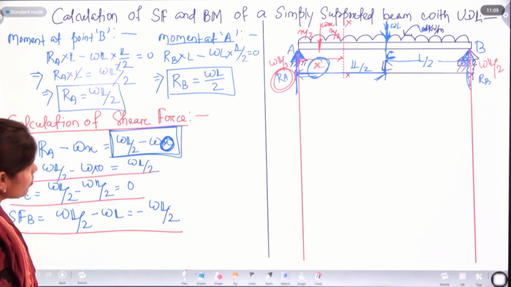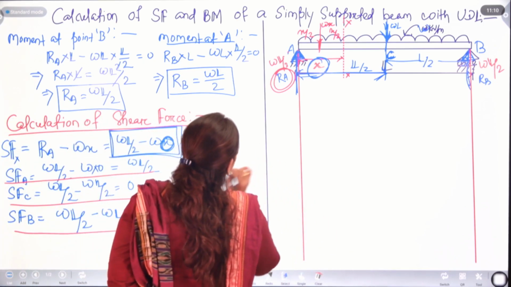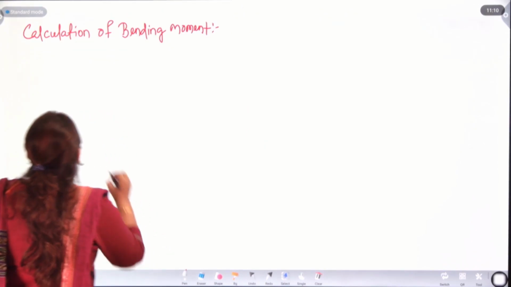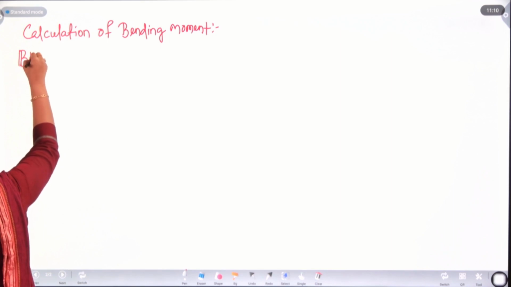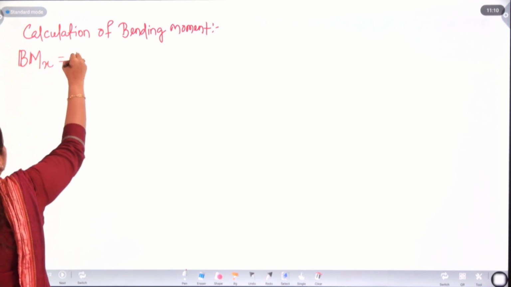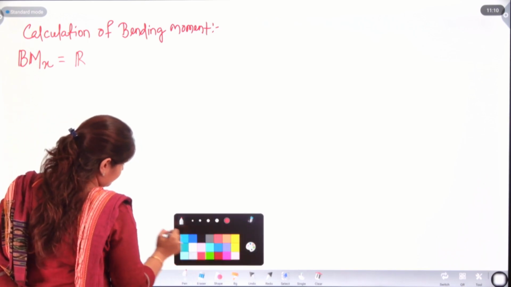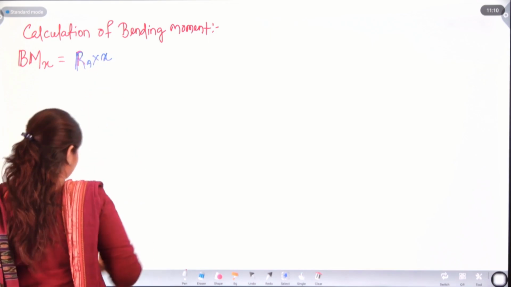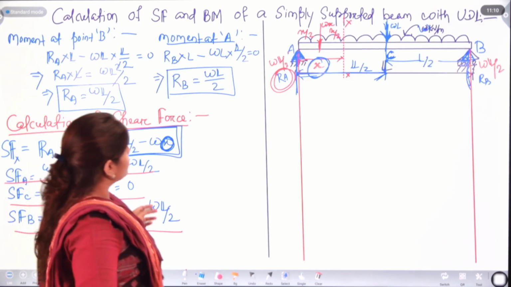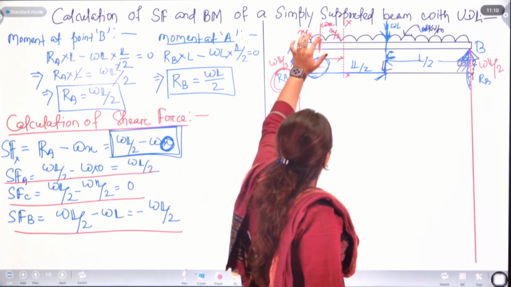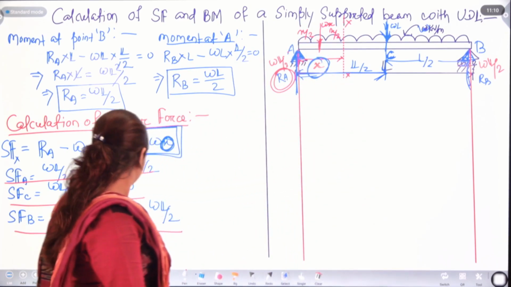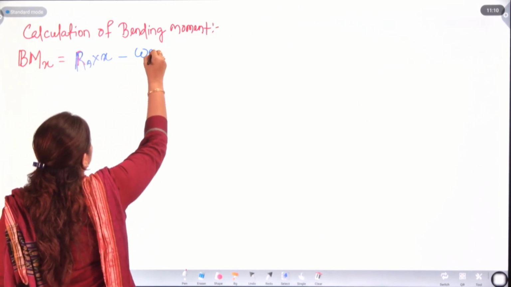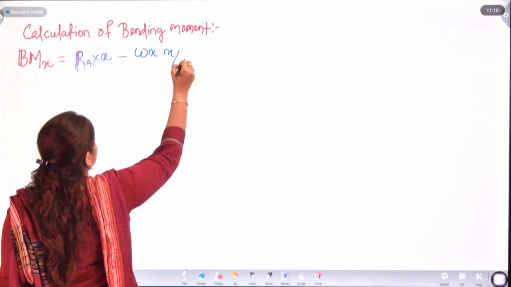So now bending moment is going to be RA into X. This is going to be bending moment at point X, and it will be RA into X and here Wx into X by 2 minus Wx into X by 2.